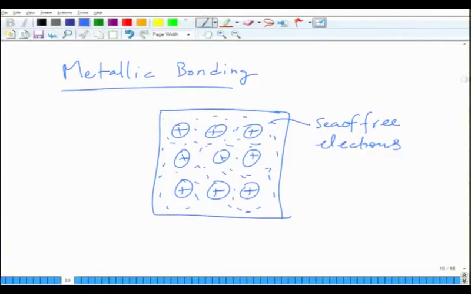And because this is a sea of free electrons, there is no such ionic or covalent kind of bonding. The bond energy of metals, let us say I write it as EB, is lower than typically EB of ionic or covalent.